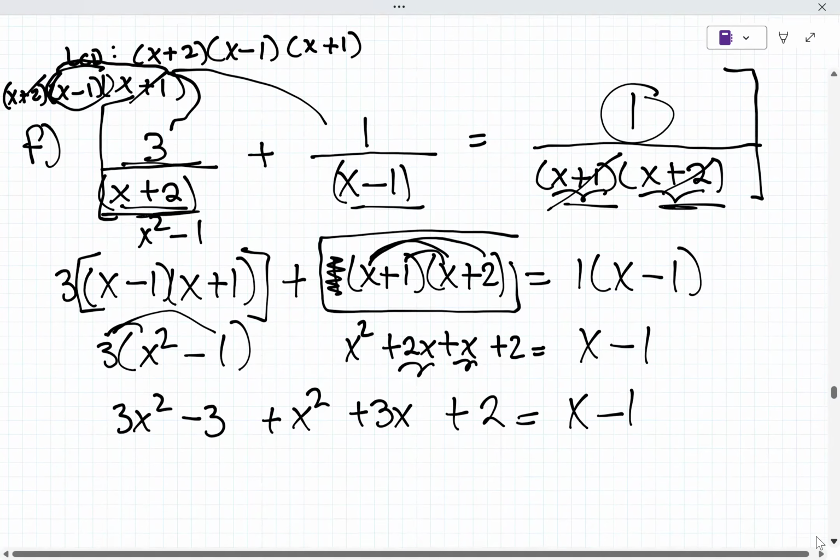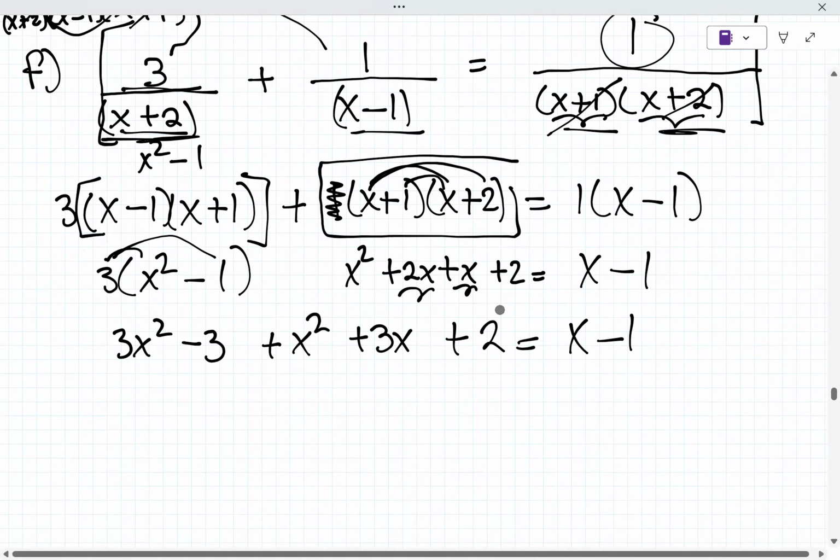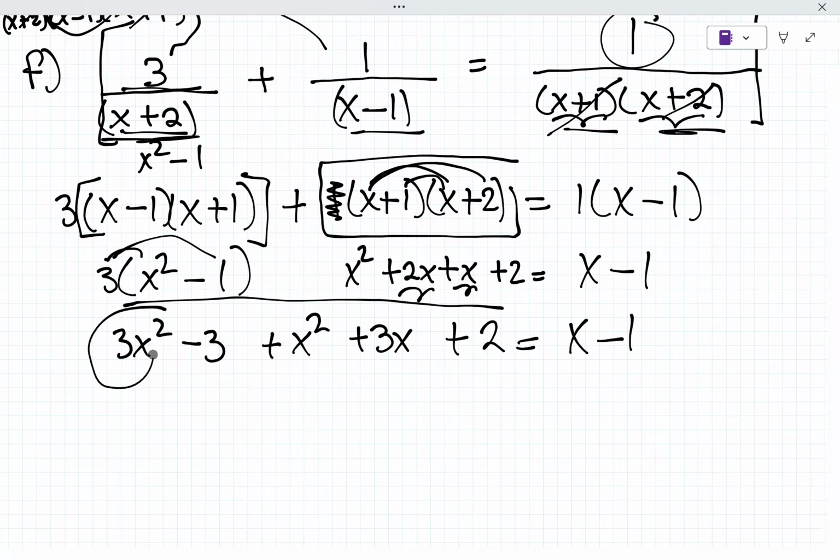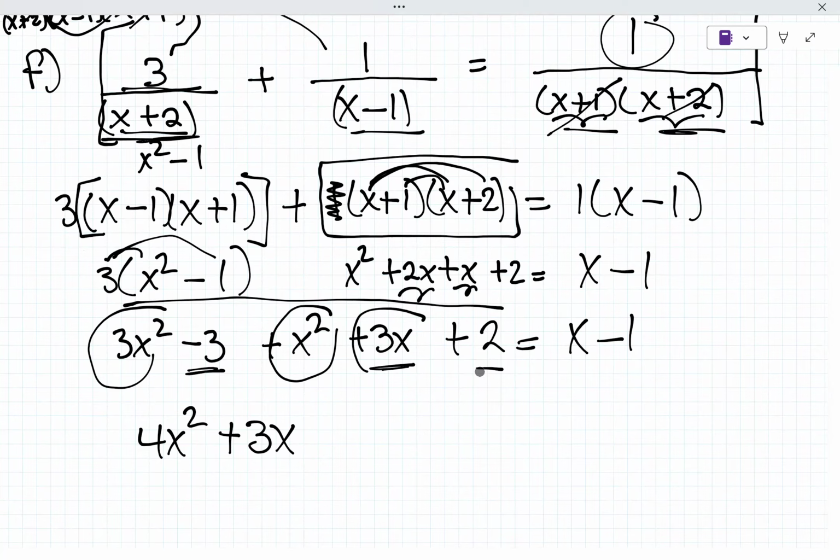But before I move things around, can I collect like terms on the left side? Yes, 3x squared and 1x squared simplifies as 4x squared. Then you have this 3x here, and then you have -3 plus 2, which is -1, equals x minus 1.